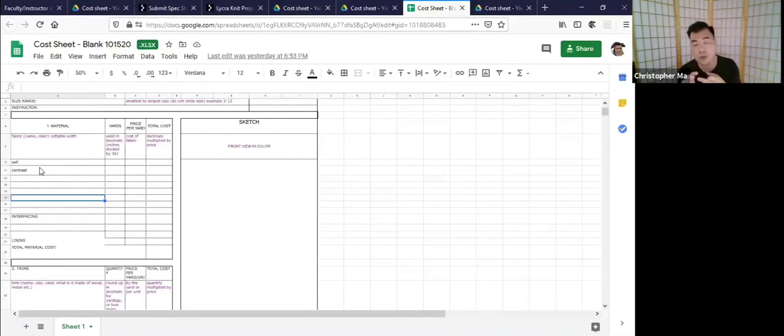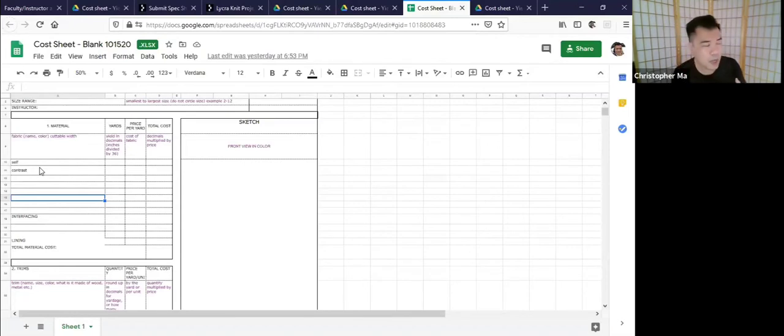You're also going to call out the content of the fabric. Remember, because they're gonna use this information to buy the fabric. If they don't know the content, they don't know what to buy. So you put the name of the fabric, the content of the fabric, and you also need to tell them the cuttable width of the fabric.